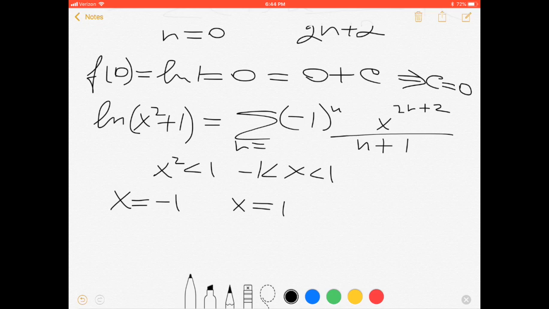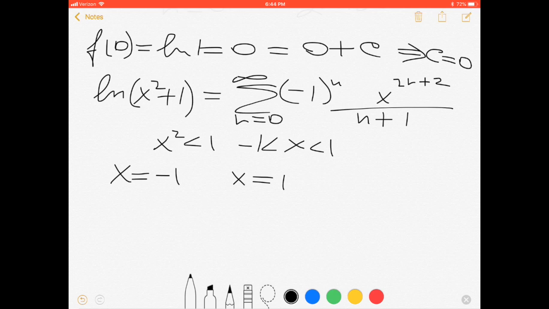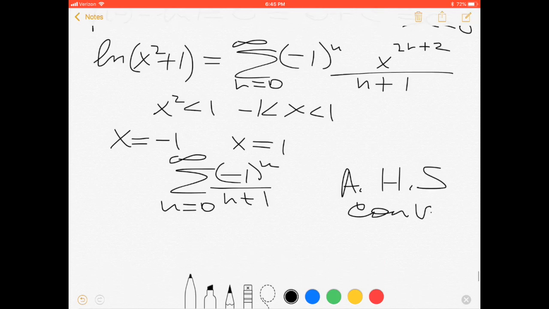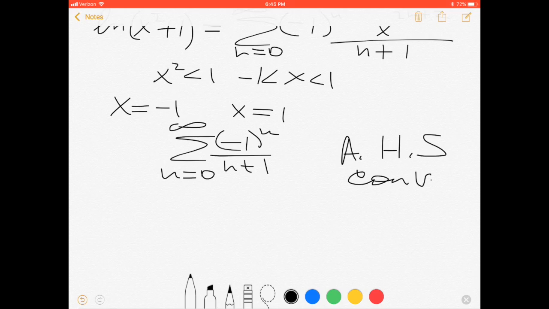Oh, here I am not right, sorry, and with n from 0 to infinity. Okay, for both situations we have the series of negative 1 to the power n over n plus 1, from 0 to infinity. This is exactly the alternating harmonic series, which converges, and for our function the interval of convergence is negative 1 to 1, endpoints included. Okay.